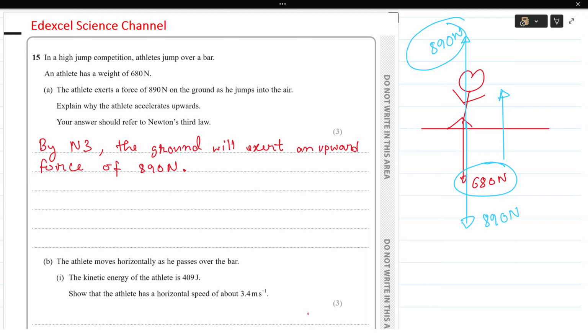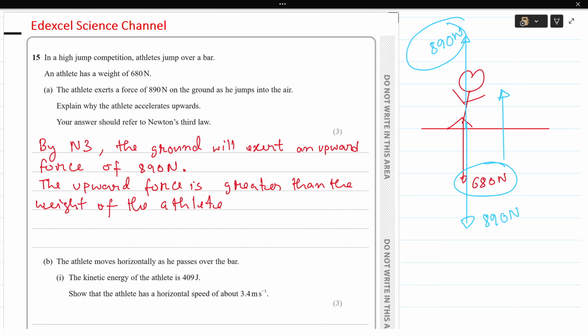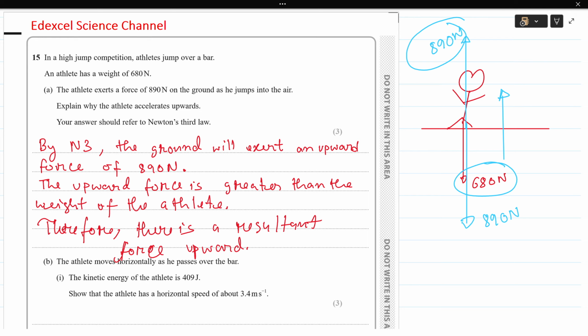Then you can say that the upward force is greater than the weight of the athlete. Therefore, there is a resultant force upward. That is our answer.